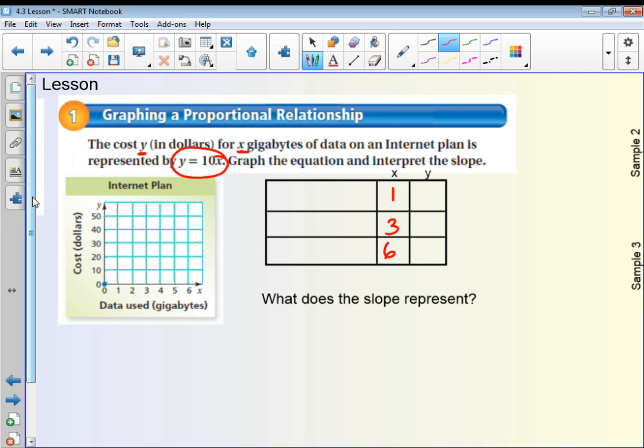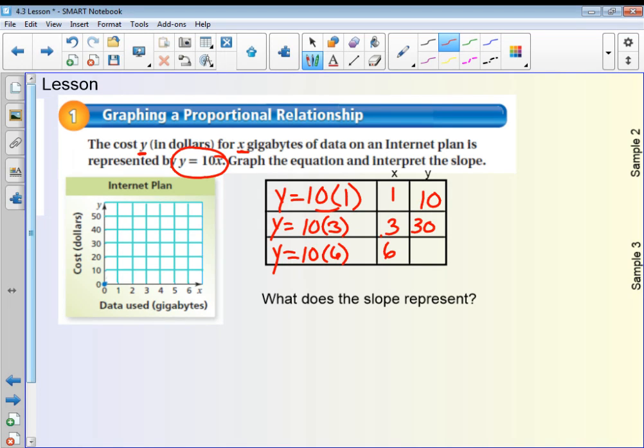So I'm going to substitute in y equals 10 times 1. So 10 times 1 gives me 10 for y. Y equals 10 times, this time I'm putting a 3 in there, which would give me 30. Y equals 10 times 6.